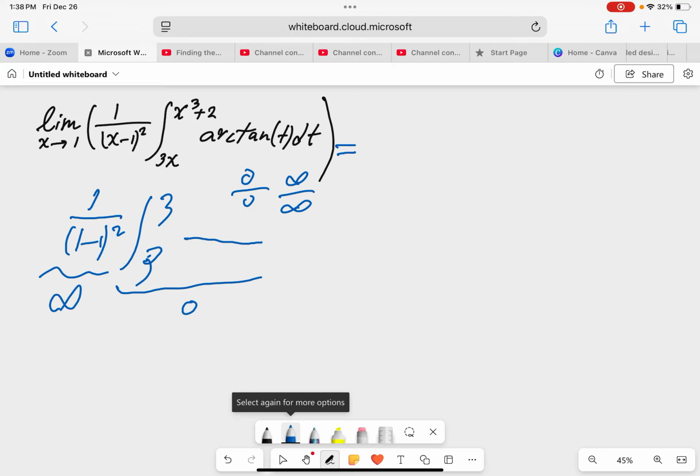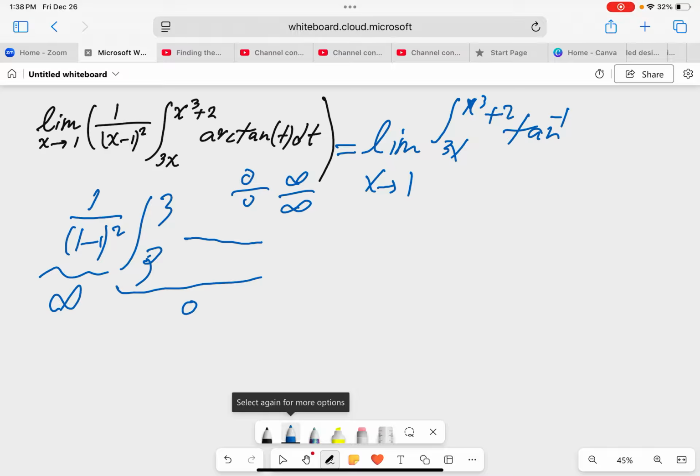So what I can do is rewrite this limit as the limit when x goes to 1 of the integration of x cubed plus 2, with 3x here, and arctangent of t. The other way to write it is tangent with negative 1 on top as a power.